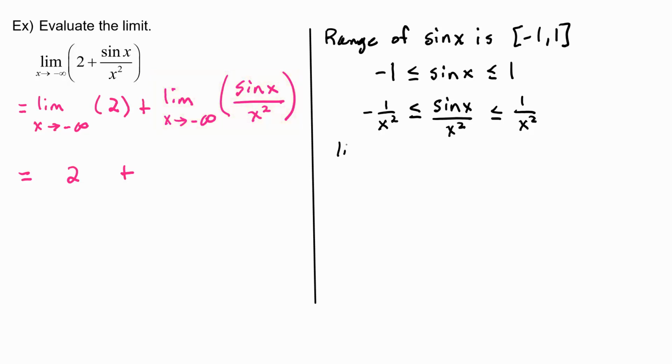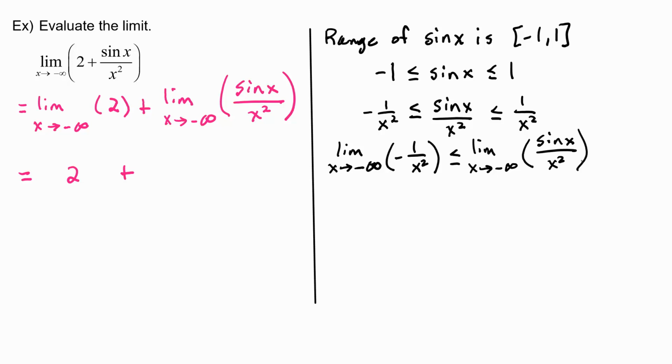So we will do the limit as x goes to negative infinity of negative 1 over x squared, which is less than or equal to the limit as x goes to negative infinity of sine of x over x squared, which is less than or equal to the limit as x goes to negative infinity of 1 over x squared. Now we can evaluate each of these limits separately.